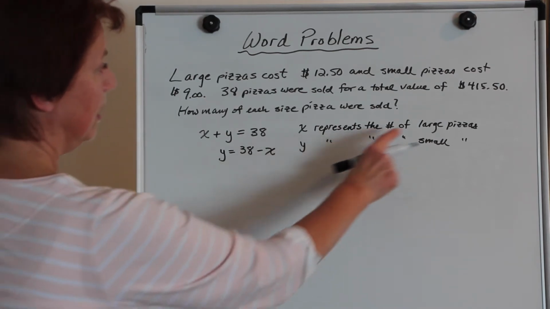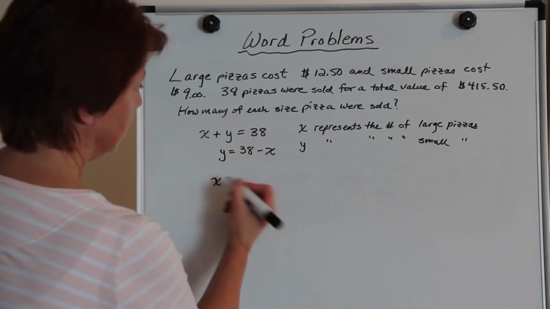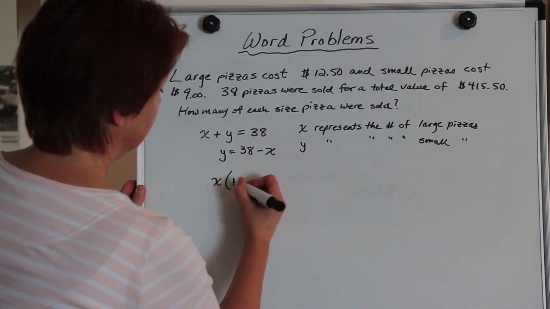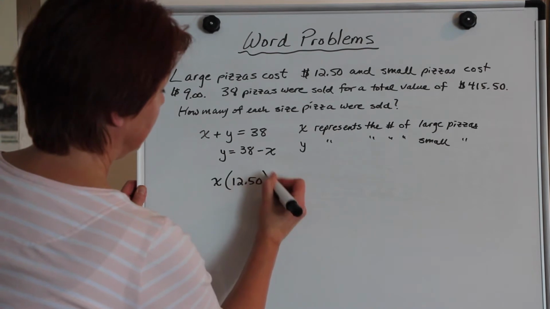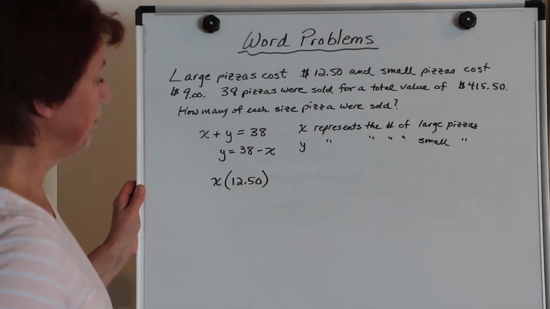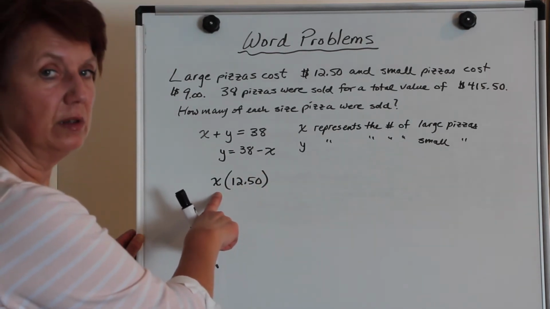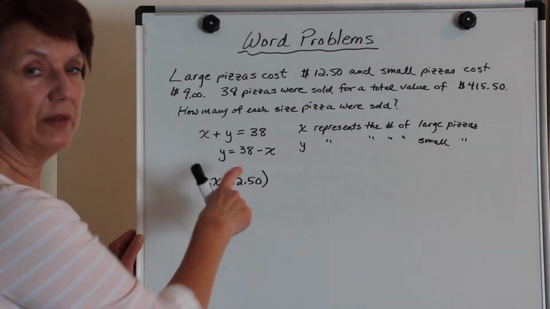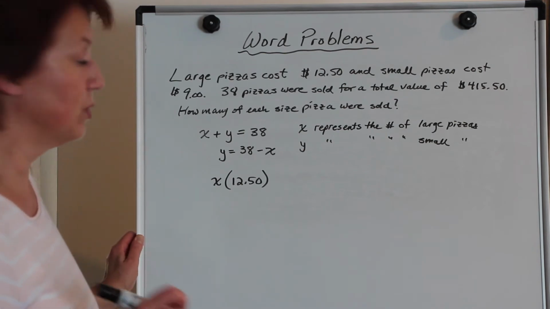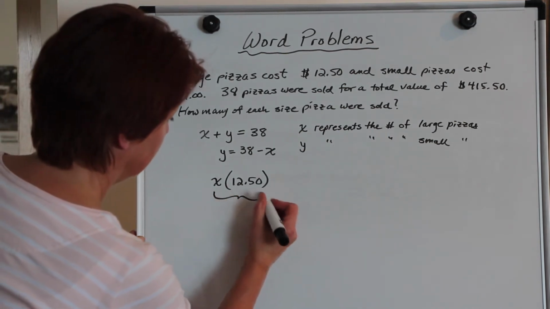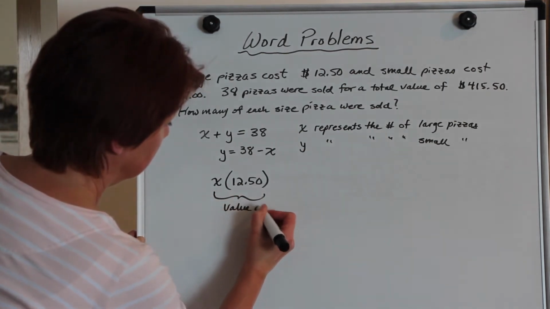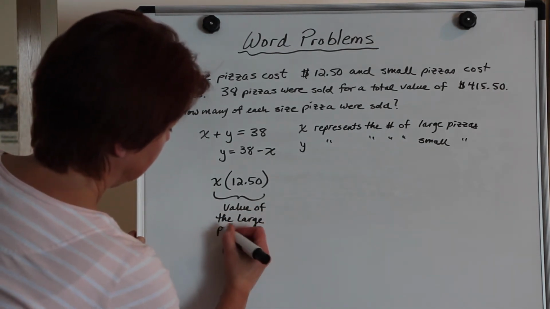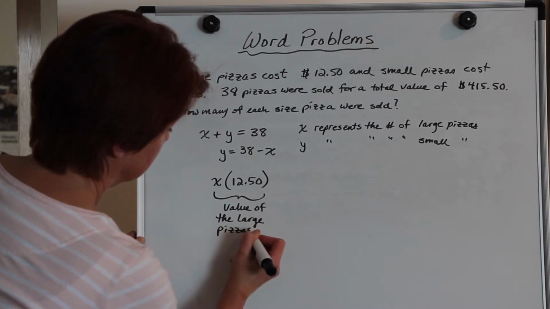Now, the number of large pizzas sold, remember, is x. We don't know what it is, but we know that the value of those pizzas is $12.50. So the number of pizzas sold, at this point unknown, large pizzas, times $12.50 will give us the value of the large pizzas that were sold. So let's put that underneath here. This is the value of the large pizzas sold.